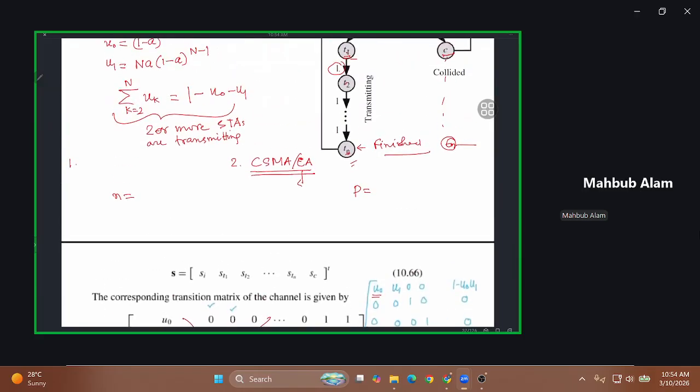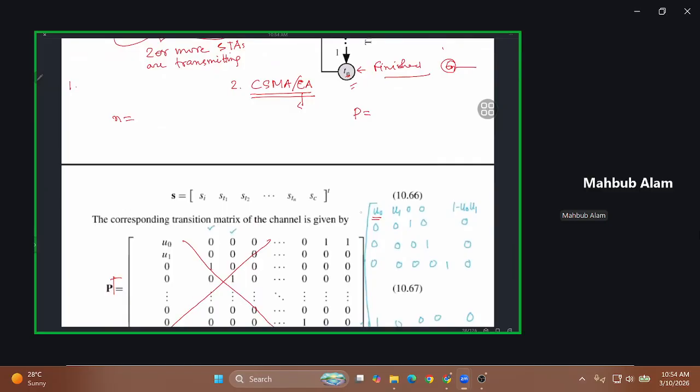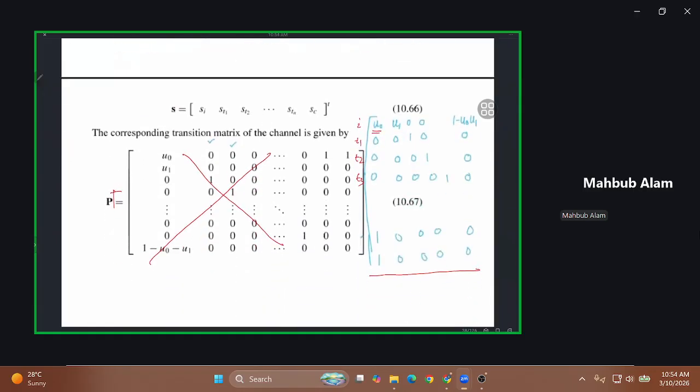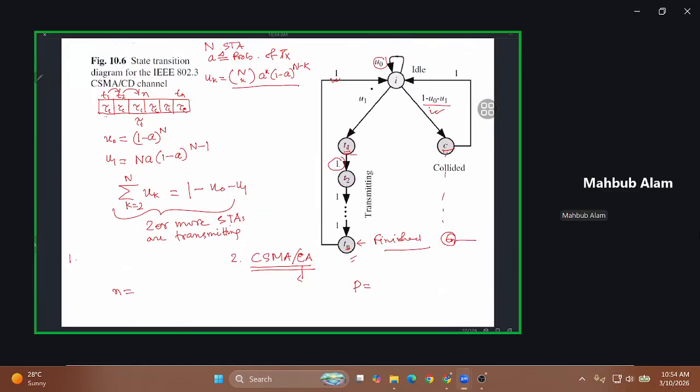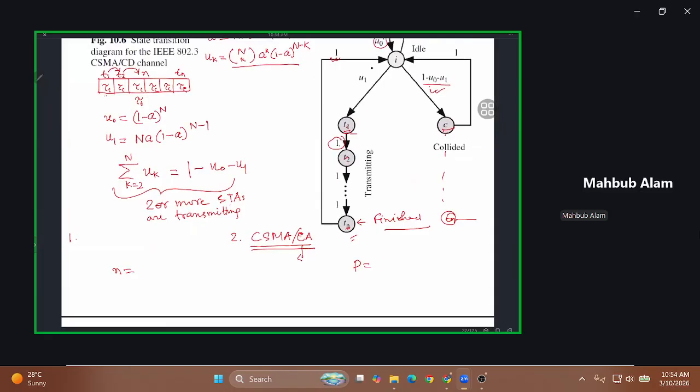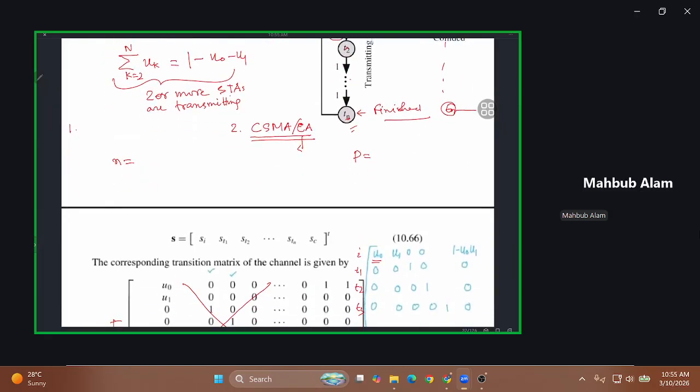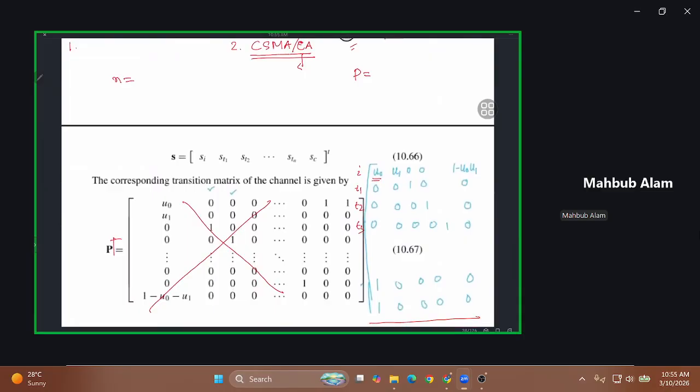So we have this one is idle state I, this is T1, this is T2, this is T3, and you can have a T4.